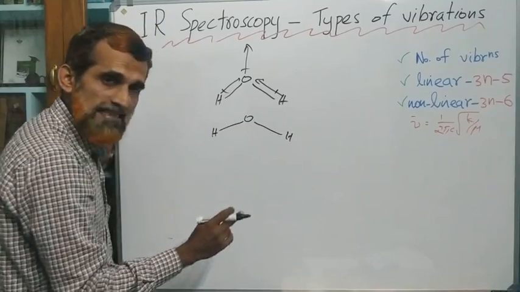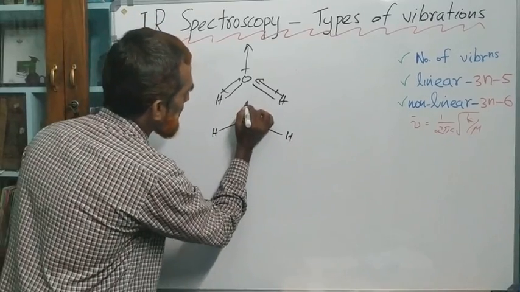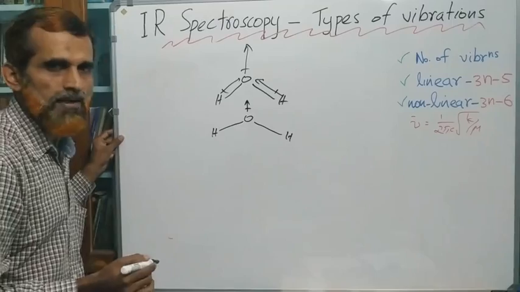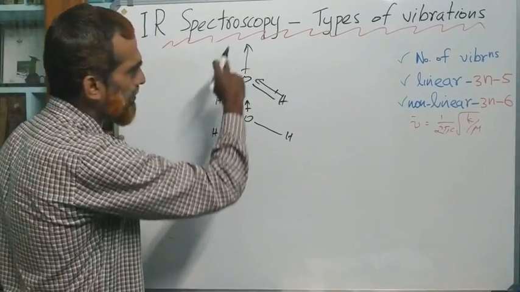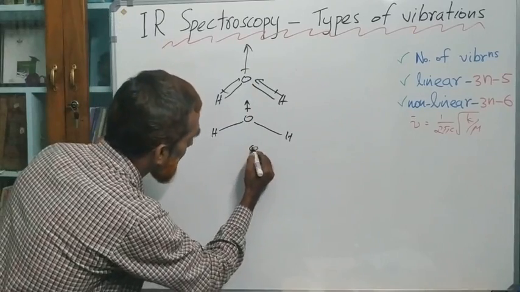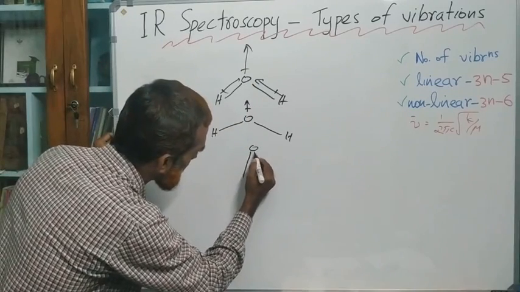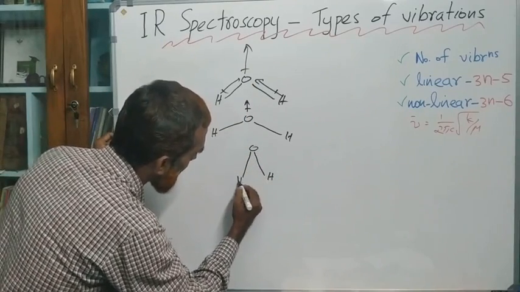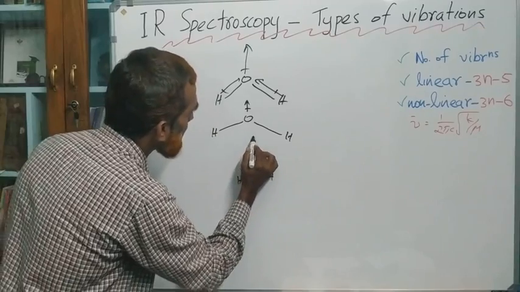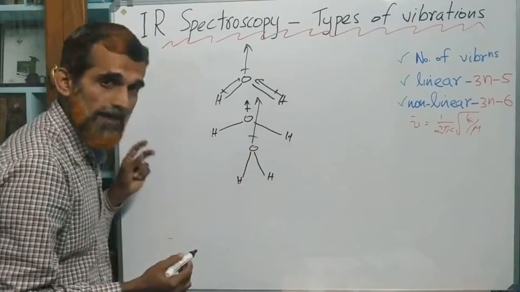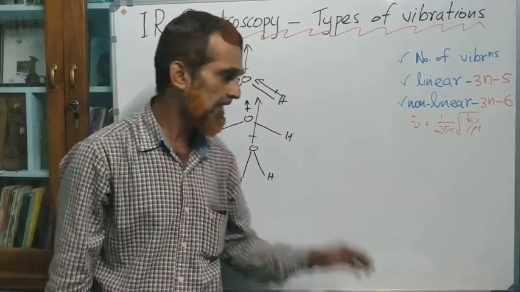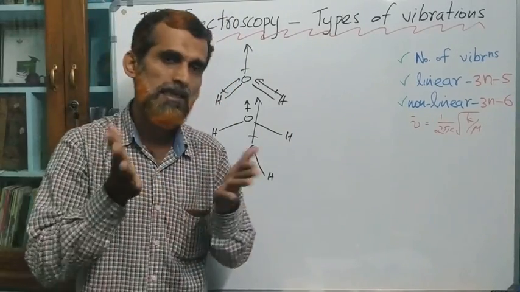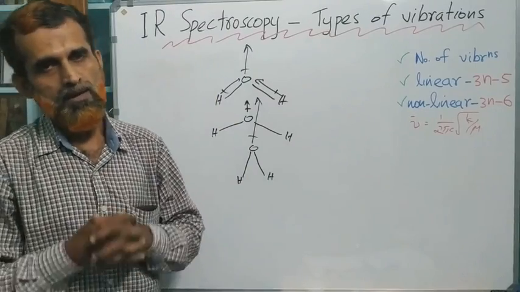Naturally, when the angle increases, the resultant vector will decrease, correct? And when it comes to mean position, again the dipole moment is increasing, and then when the angle decreases like this, what happens? When the angle decreases, then the resultant will be still higher, correct? So there is a change in polarity, change in dipole moment, so bending vibration is clearly IR active.